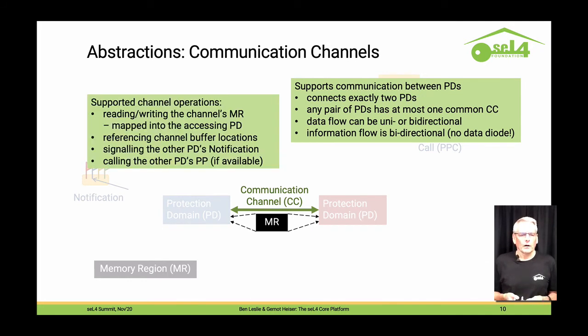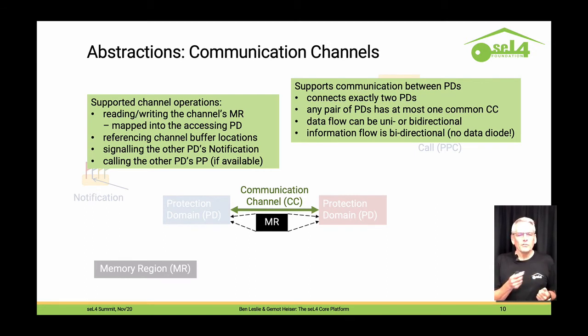Okay, what kind of operations can you do on a channel? You can read or write to the memory region of the channel, assuming that it is mapped into both of the protection domains that are connected by this channel. You can reference locations in this shared memory buffer, not by pointers, but by a specific reference wrapper mechanism.